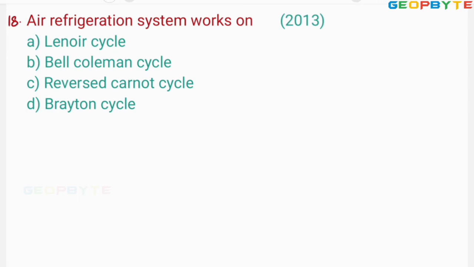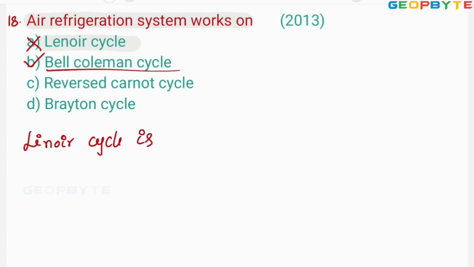The 18th problem: air refrigeration system works on? Lenoir cycle? No. Bell-Coleman cycle? Absolutely correct. Let me write it. A Lenoir cycle is ideal for pulse jet engine.